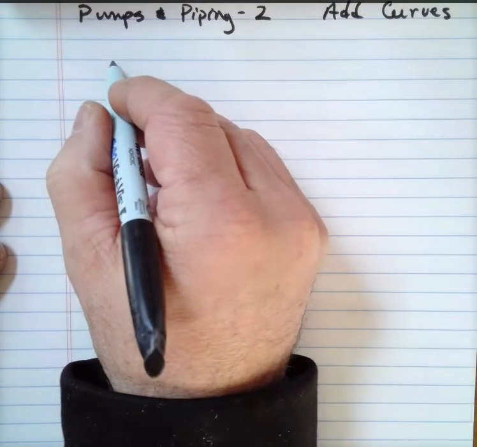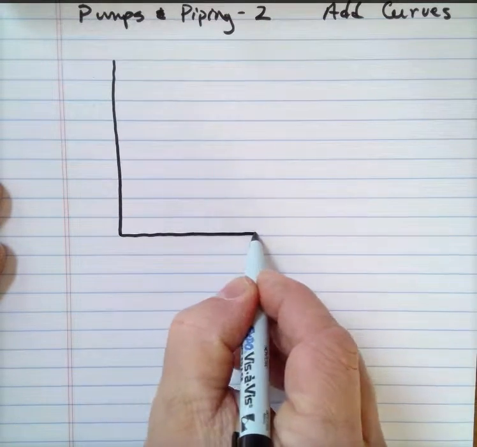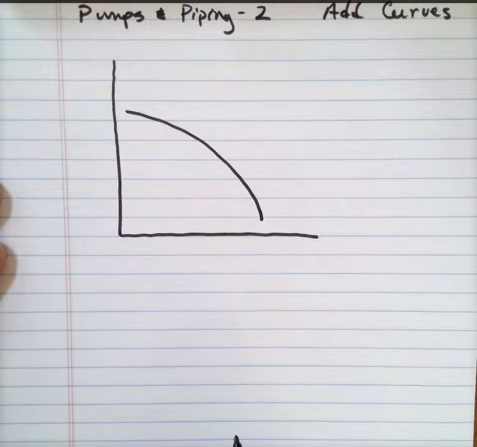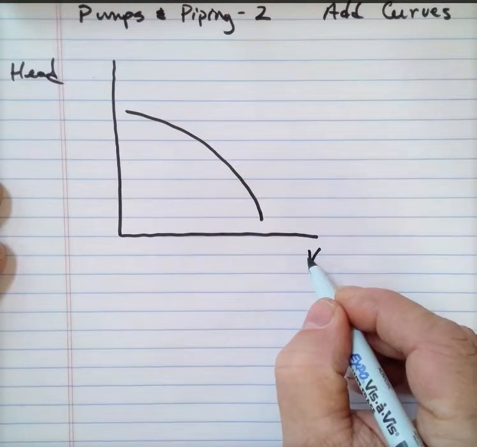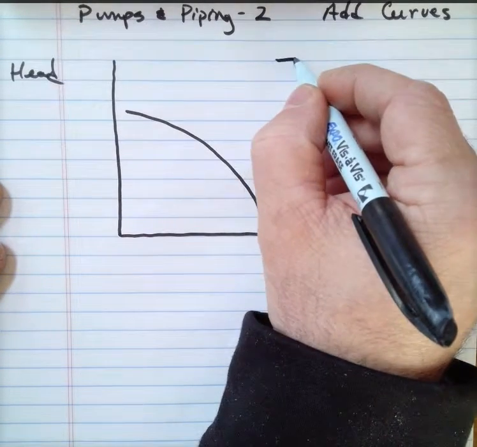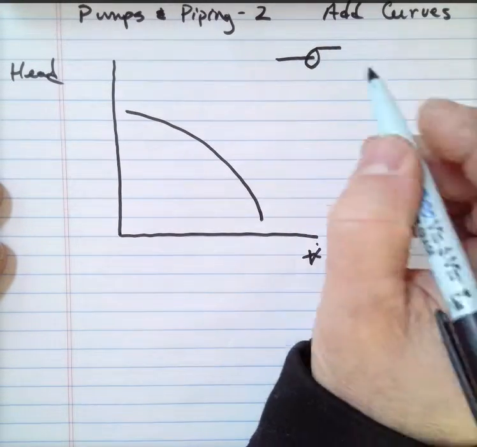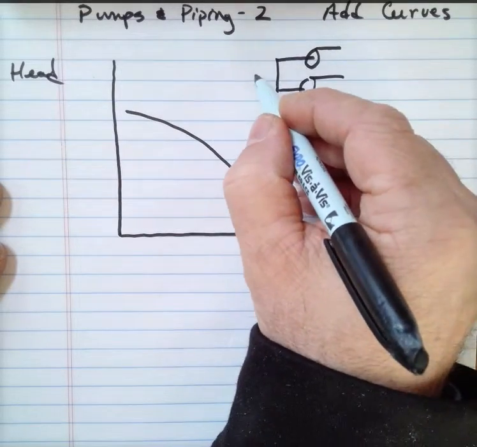So in other words, if we have a pump curve, and it looks like this, and this is head and flow rate, and this is for a pump. What happens if we want to have 2 pumps in parallel?